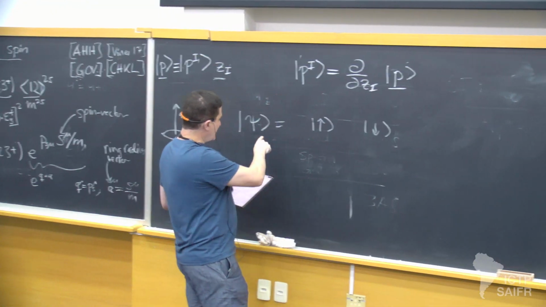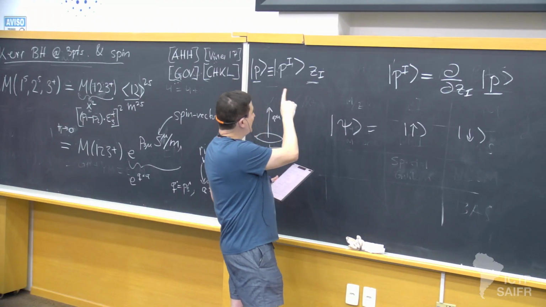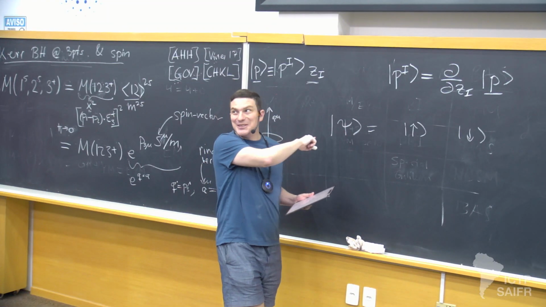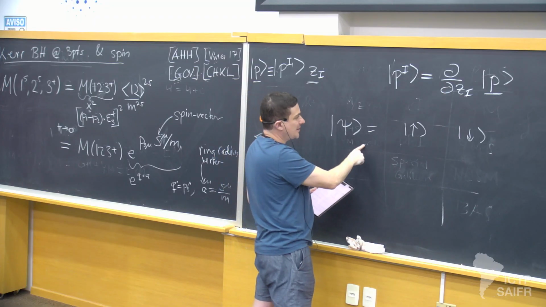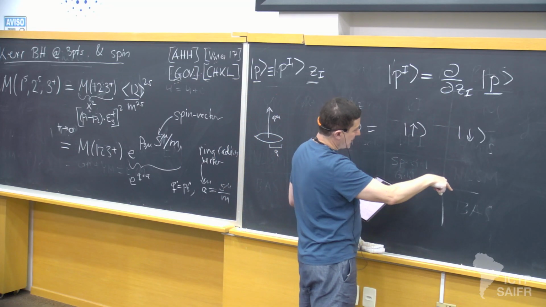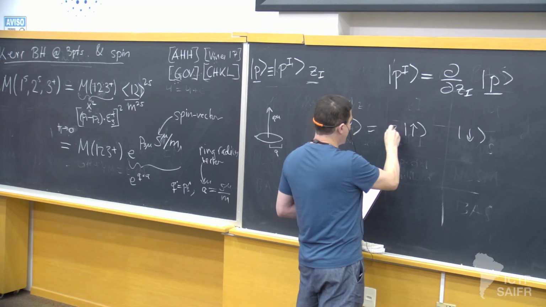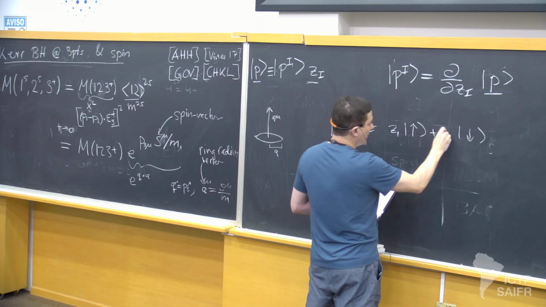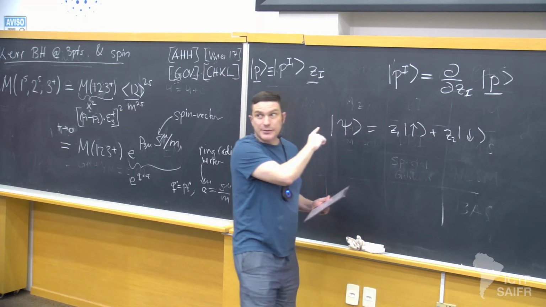And I apologize for using kets for two different purposes. This is not a spinner. This is just a quantum mechanical state up. This is a quantum mechanical state down. And in fact, the coefficients here are just this Z1 and Z2.